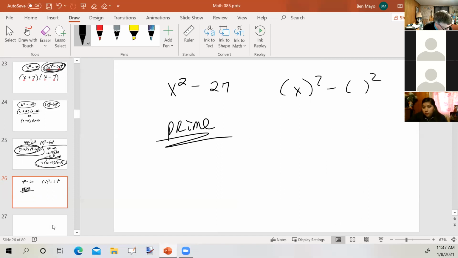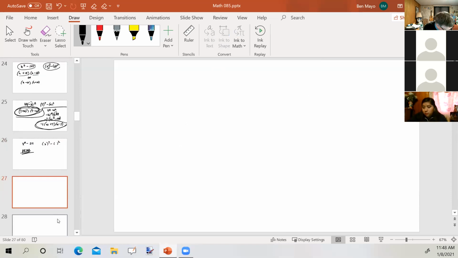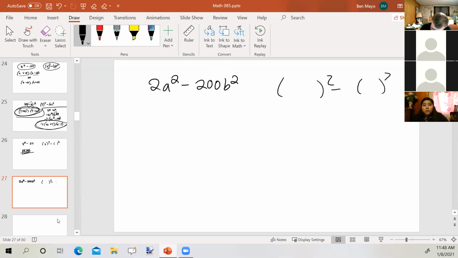How about, let's see, this one, 2a squared minus 200b squared. So here we have a binomial. It has a subtraction sign in the middle, but 2a squared isn't really a square, and 200b squared isn't really a square either.